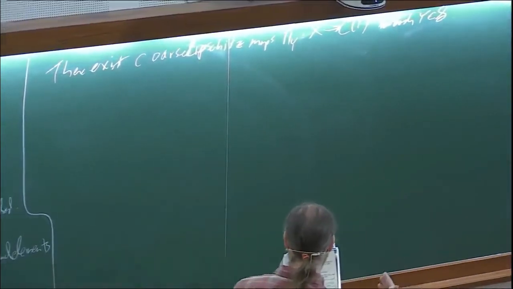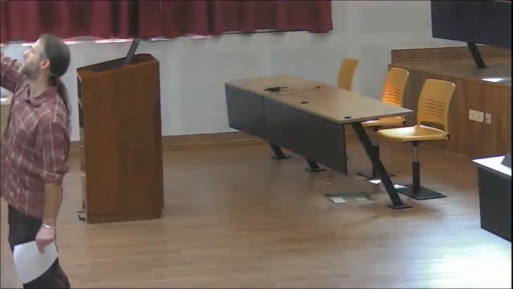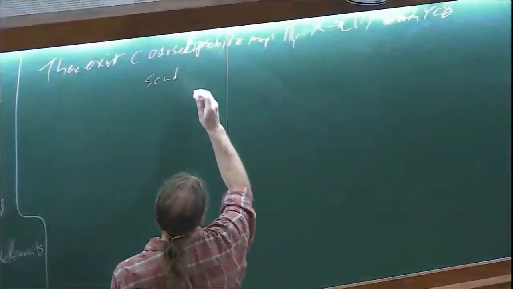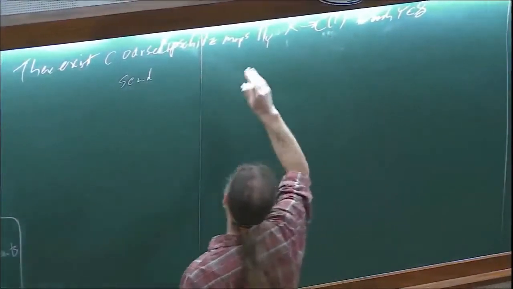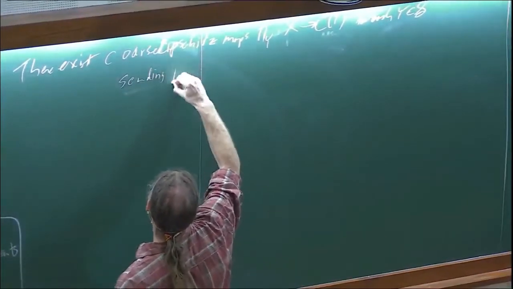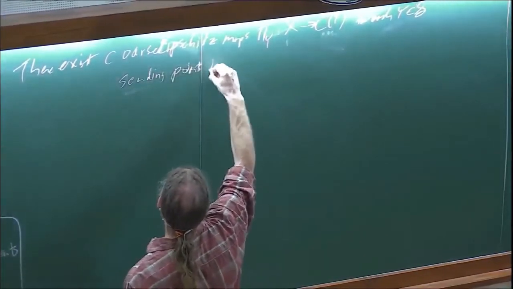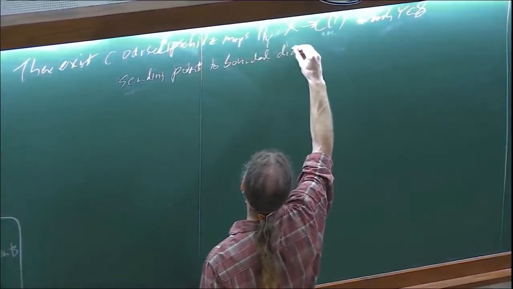And one more thing about these coarse Lipschitz maps: really, they're not mapping to points, but I'm abusing notation slightly, sending points to uniformly bounded diameter sets.